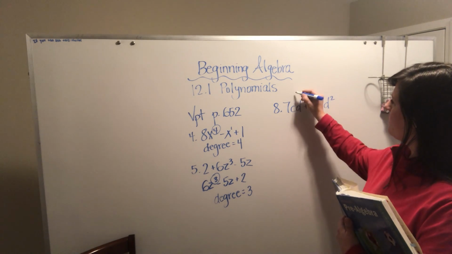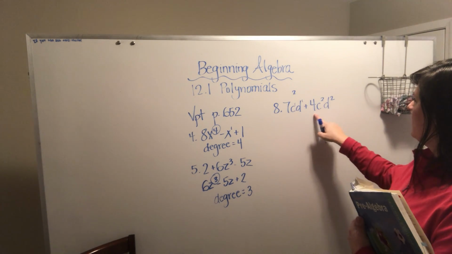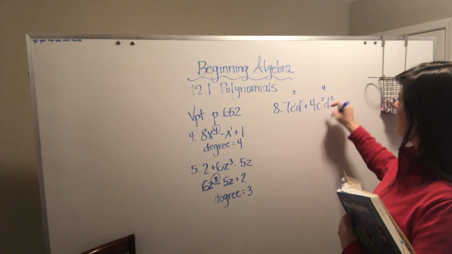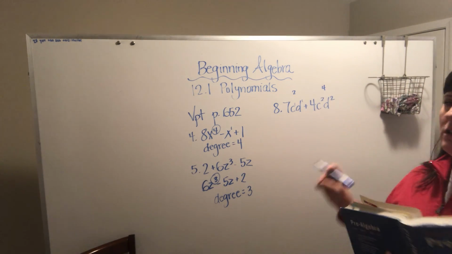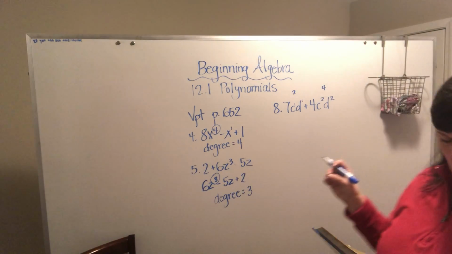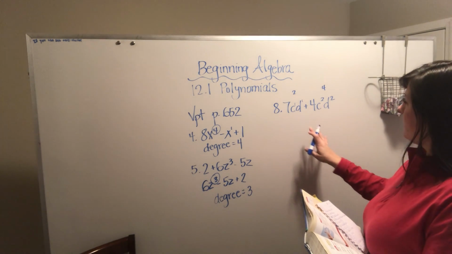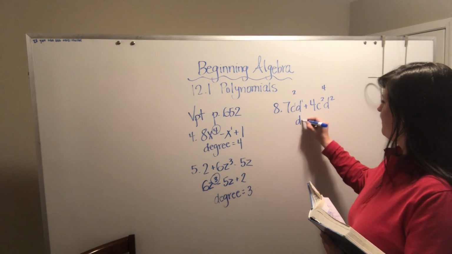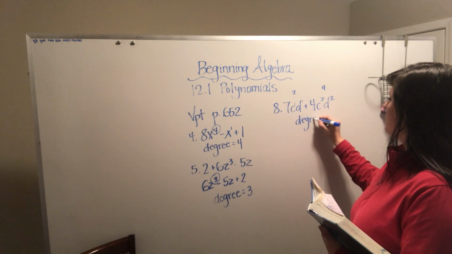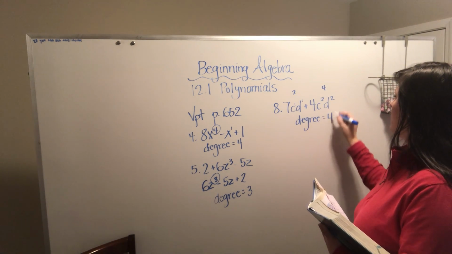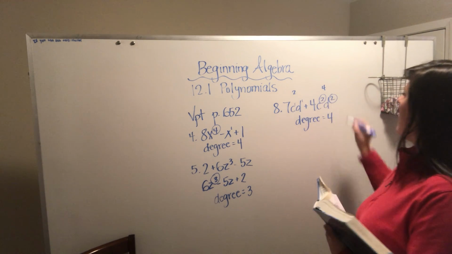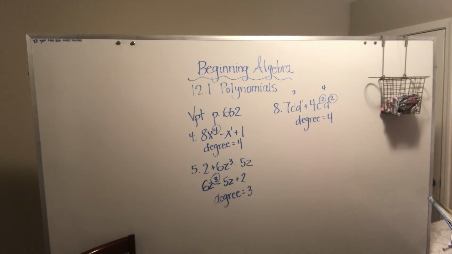What's the highest degree of this term? 2. What's the highest degree of this term? 4. You're looking at exponent values. So the degree of this polynomial equals 4 because you have those two there and you combine them to find the degree.